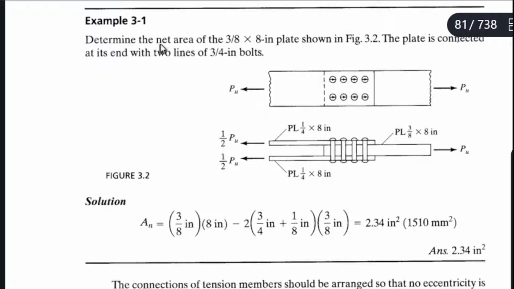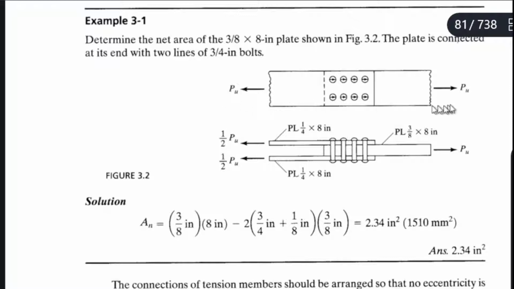So let us find out the net area of this. Let us make this the free body diagram. Cut this portion off. Free body diagram. We have P sub U, P sub U. That means ultimate force, or tensile force.